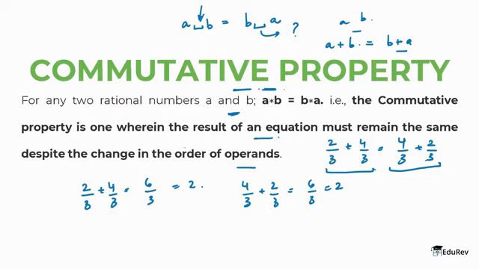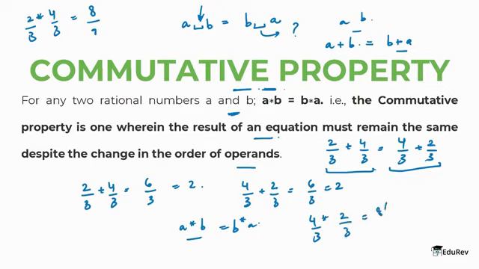Multiplication has a similar pattern to addition, because we know that if a is multiplied by b, this will be equal to b multiplied by a. If I take an example, let's suppose 2 by 3 is multiplied by 4 by 3, this will be equal to 8 upon 9, correct? Similarly, if I am multiplying 4 by 3 into 2 by 3, this is also going to be 8 by 9.